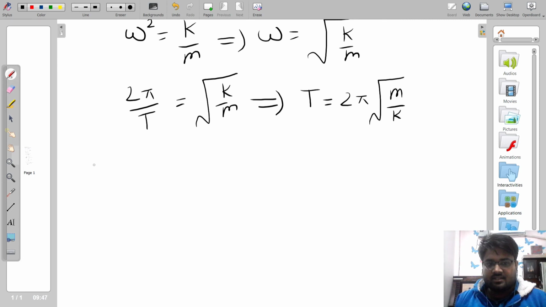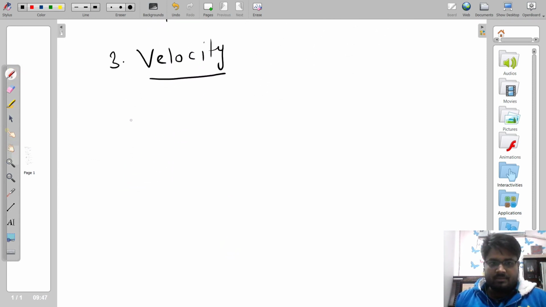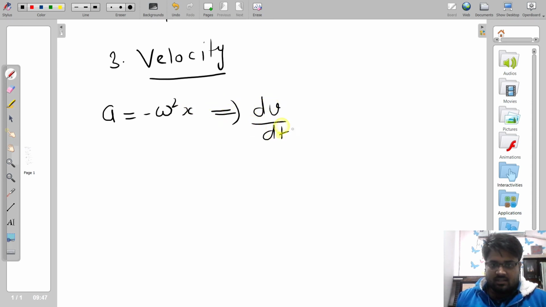Now we will further discuss the third point, which is velocity. Now we have the equation of acceleration, and acceleration is equal to minus omega square x, which is dv by dt is equal to minus omega square x.